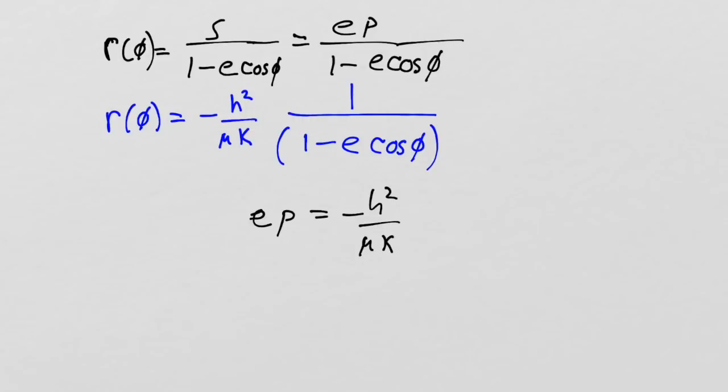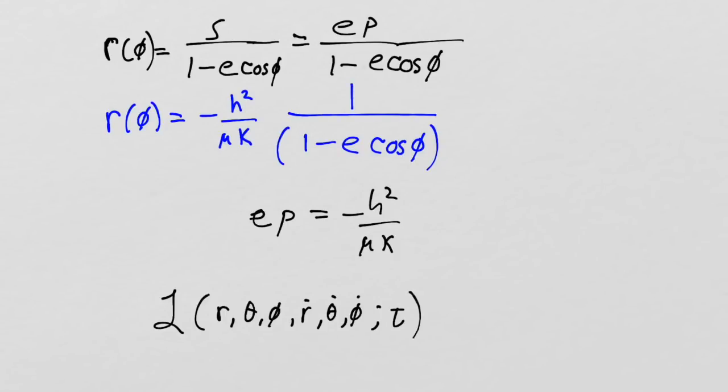We remember that the Lagrangian of the system was a function of our generalized coordinates. We had r, theta, phi, r dot, theta dot, phi dot, the generalized coordinates and the velocities. And time was allowed in there, but it wasn't actually part of the expression. When time is not explicitly part of the Lagrangian, it's always sort of in there because these are derivatives with respect to time.